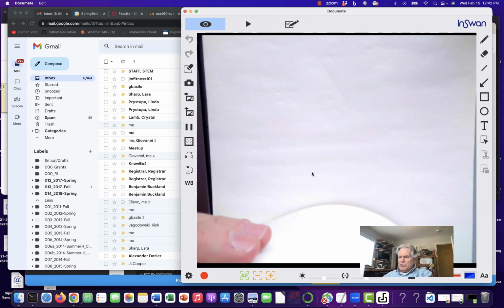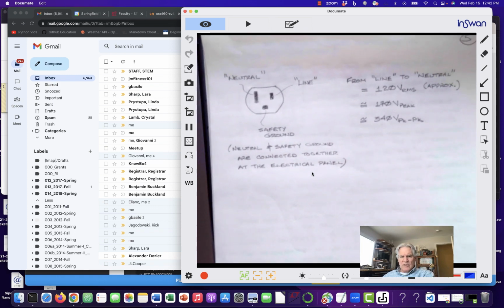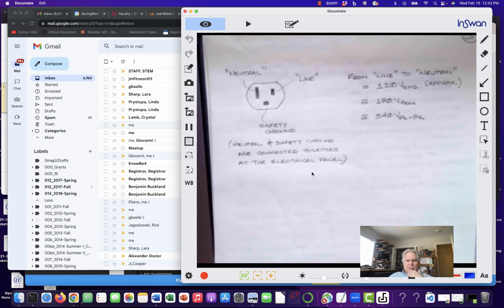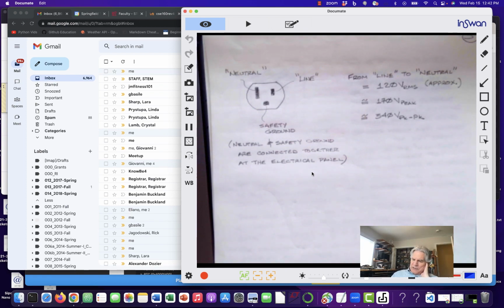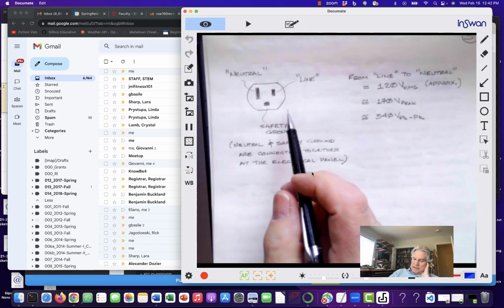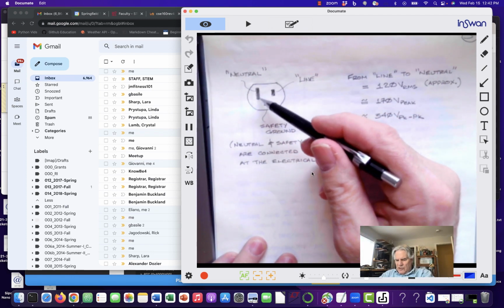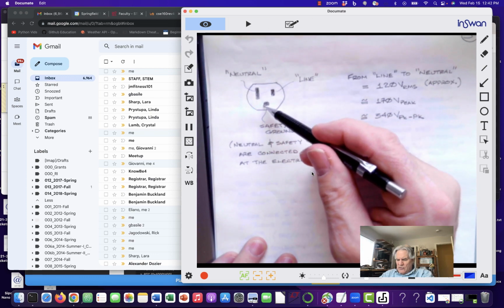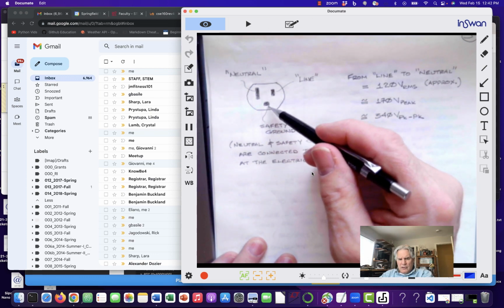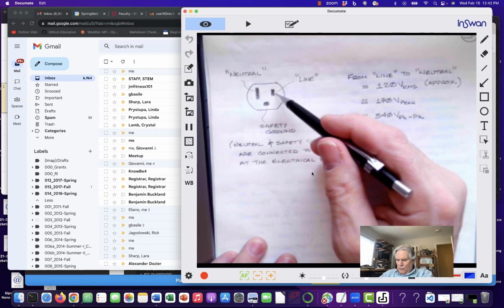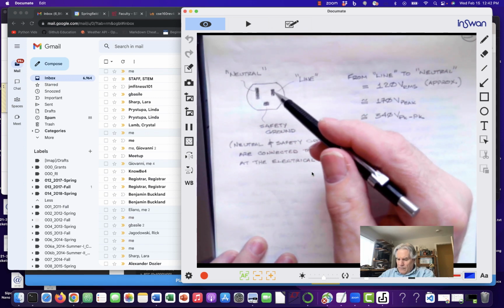And then this particular setup right here, in your home you have these outlets. You even have ways of having 240 volts or 220 volts or whatever you want to call it. But in the classic duplex outlet, you have a larger bar, a smaller bar, and then a semicircular hole.